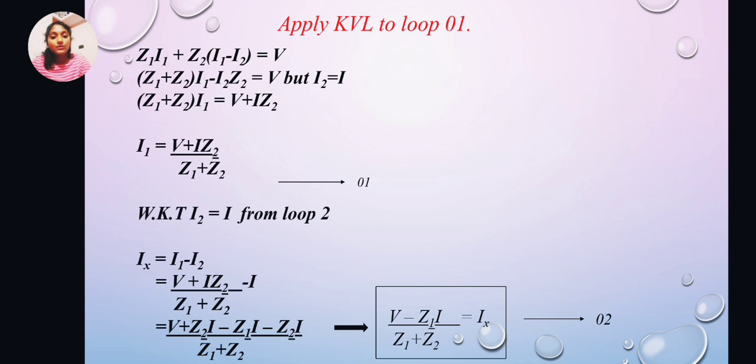After substituting the values of I1 and I2, we'll get (V plus I Z2) divided by (Z1 plus Z2) minus I. By taking the LCM, we'll get (V plus Z2 I minus Z1 I minus Z2 I) divided by (Z1 plus Z2). So Z2 I and Z2 I get cancelled, and we get (V minus Z1 I) divided by (Z1 plus Z2) equals Ix. We will consider this as equation 2.